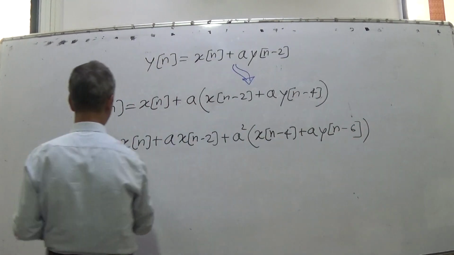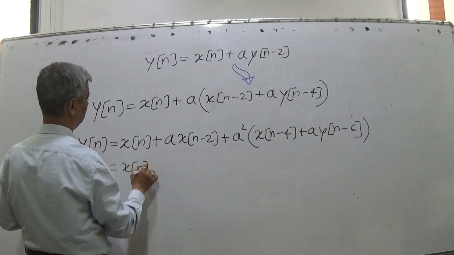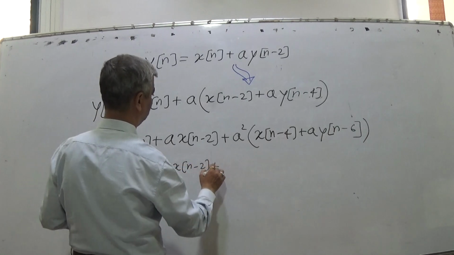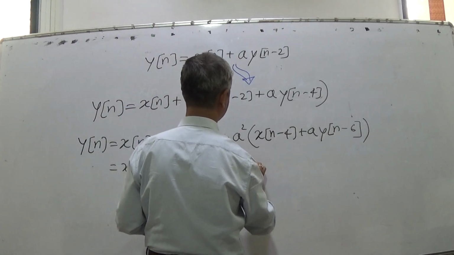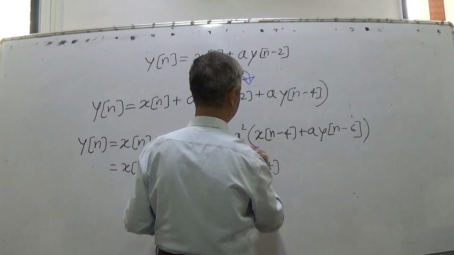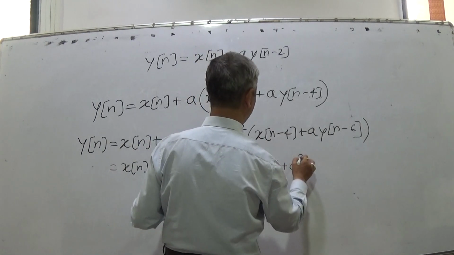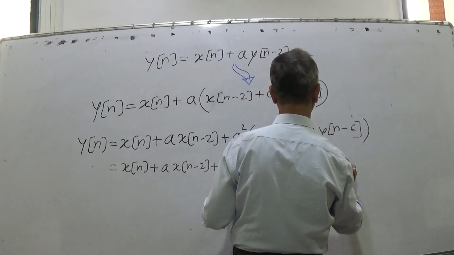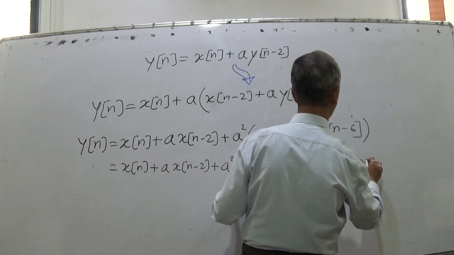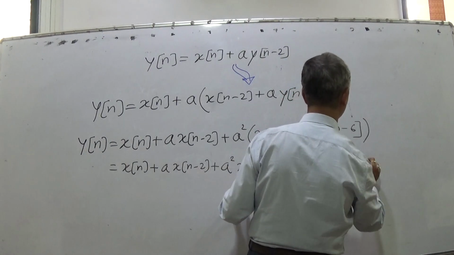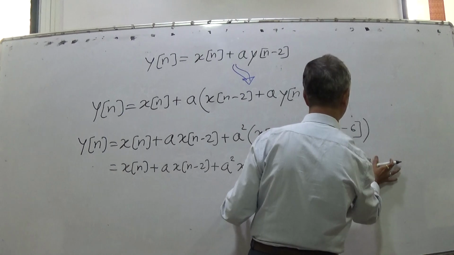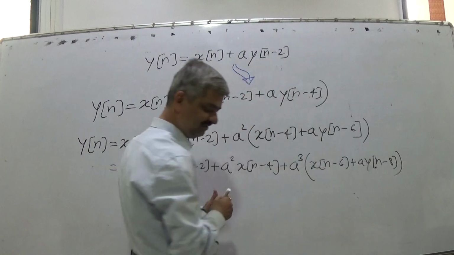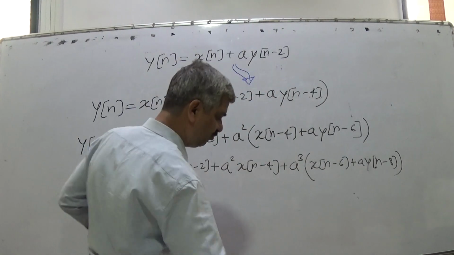So this is xn plus a x of n minus 2 plus a square x of n minus 4 plus a cube y of n minus 6, which is x of n minus 6 plus a y of n minus 8. So I can see a simple pattern by common sense.